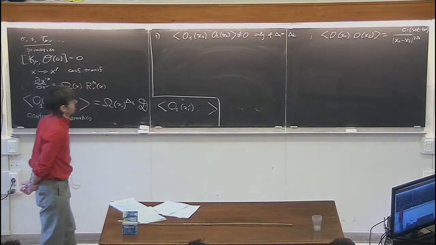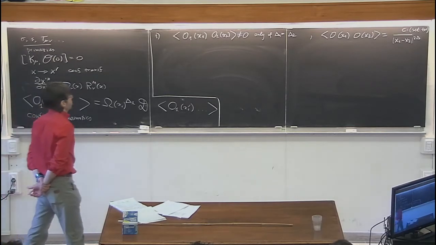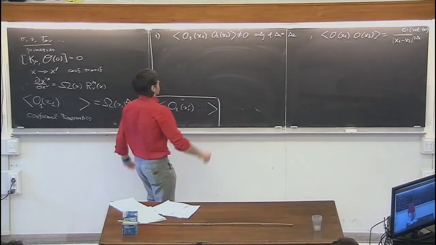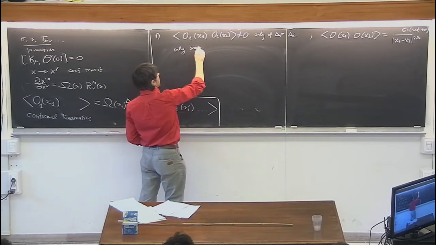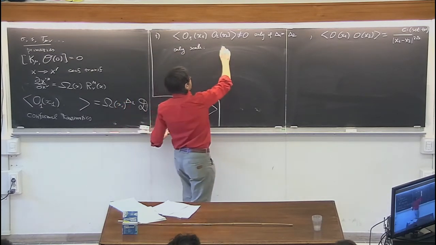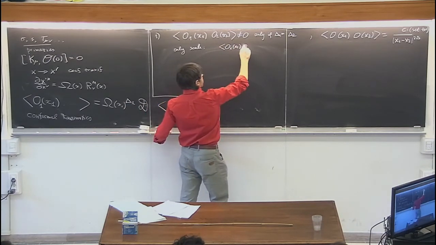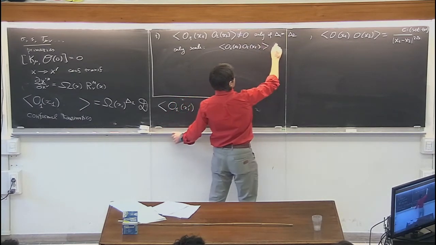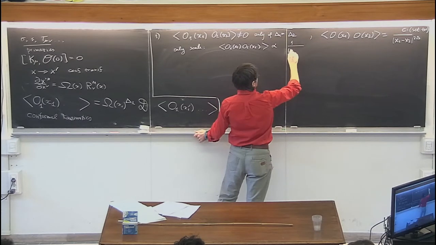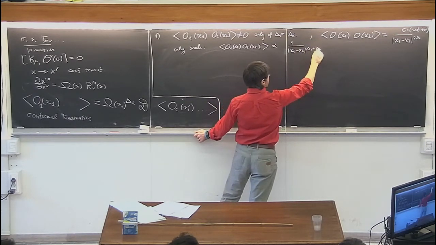I mean, this may look innocuous, but this is actually not absolutely trivial. Because if you only had scale invariance, but not conformal invariance, then we could have a correlation function O1 x1 O2 x2 proportional to 1 over x1 minus x2 to the power 1 plus delta 2.